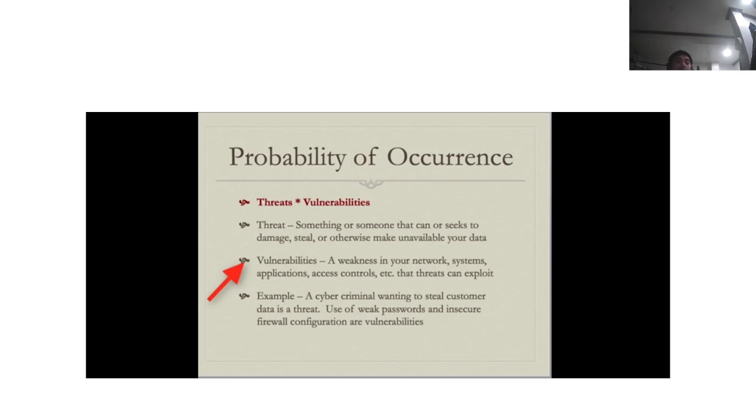Vulnerabilities are the weaknesses that allow the threats to get to your resources.